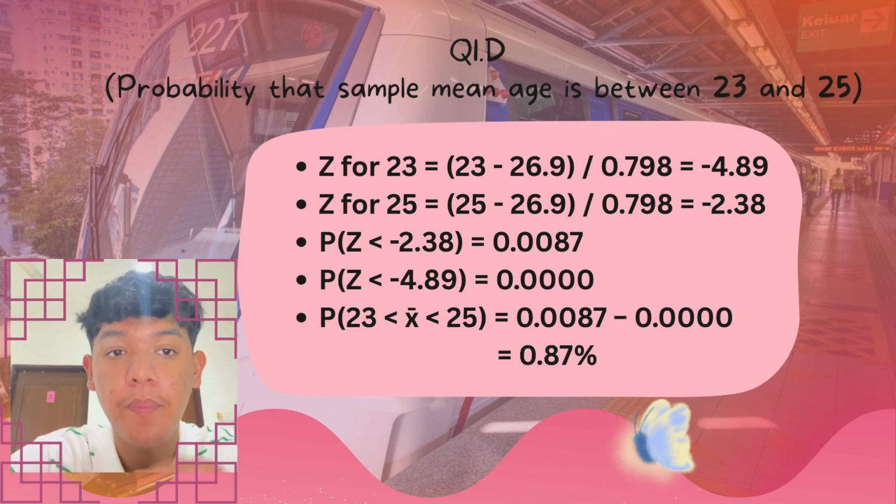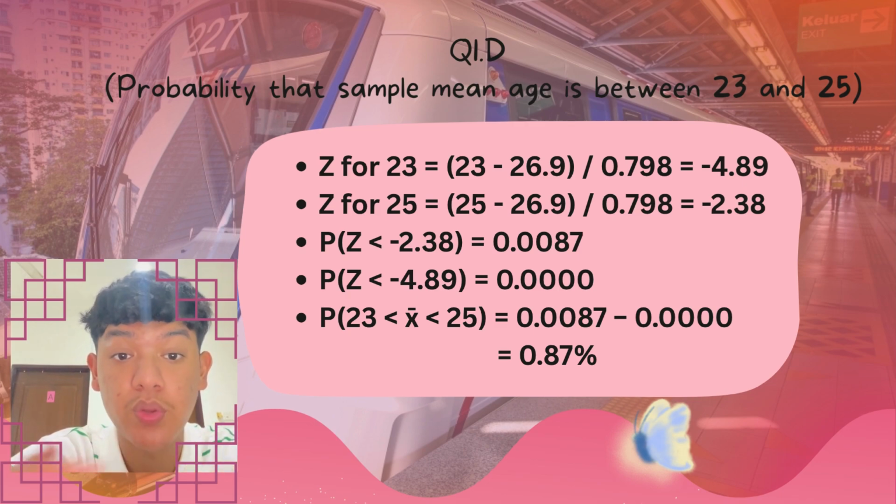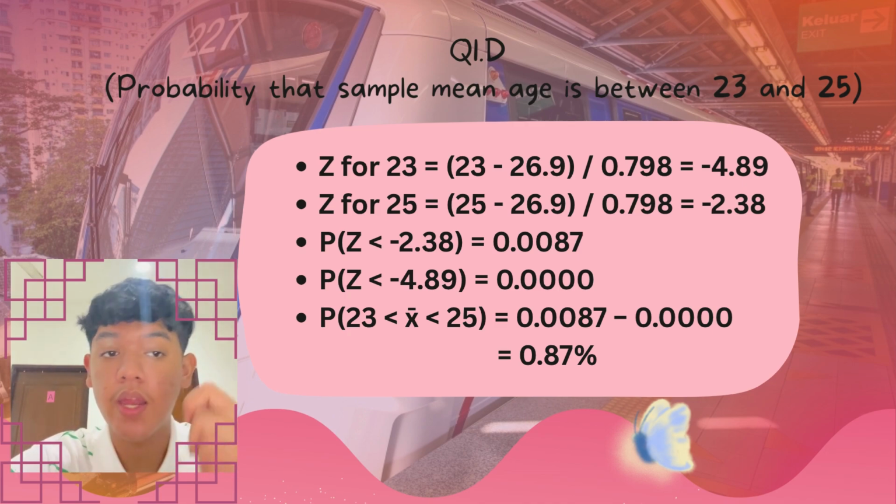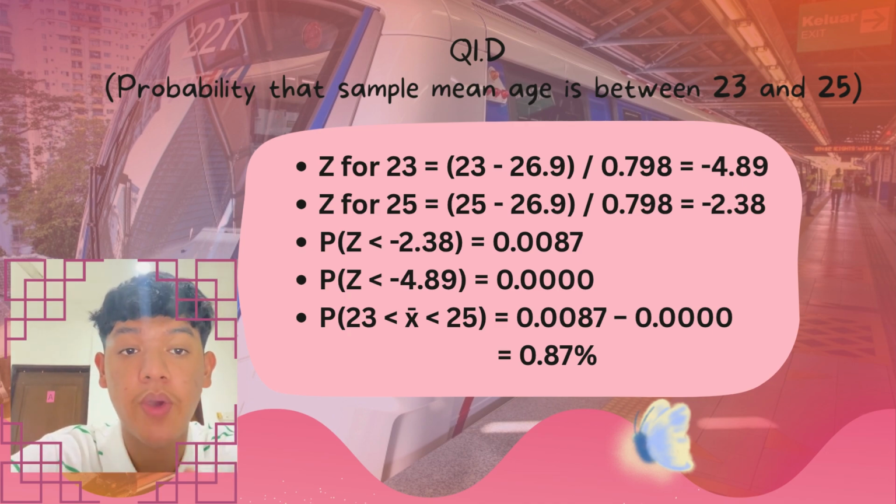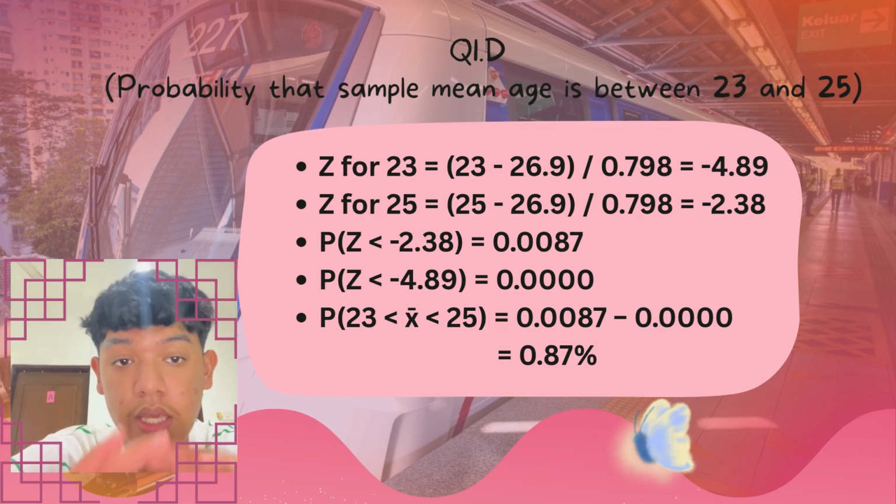Now for part D, the probability that the sample's mean falls between 23 and 25 years is only 0.87%. This is a very small chance, meaning it's very unlikely for a random sample to have such a low average age.